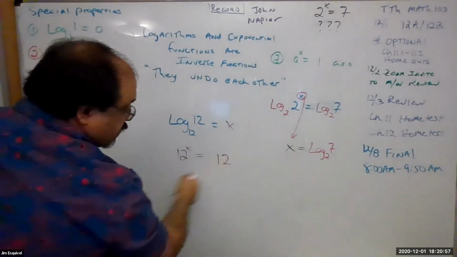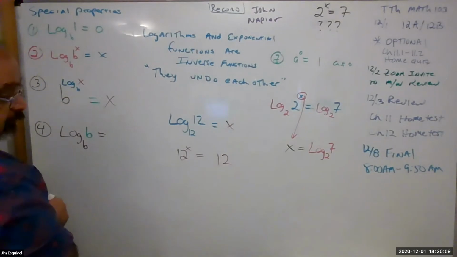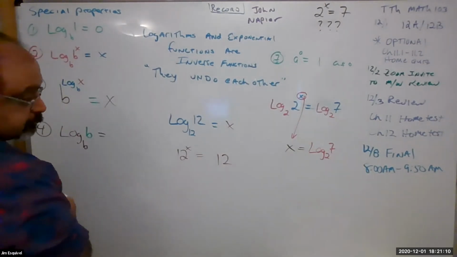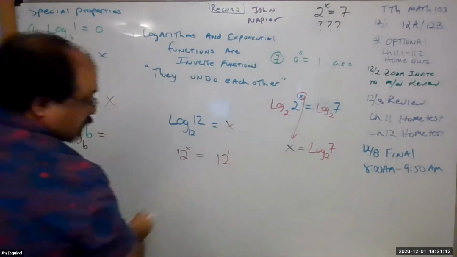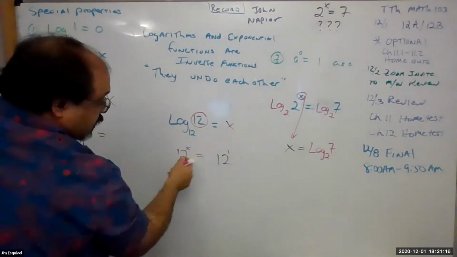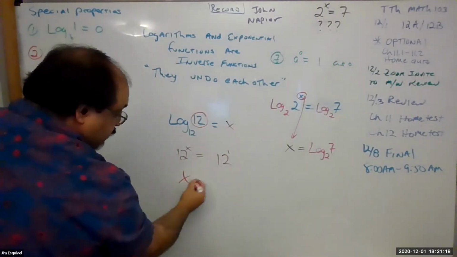What's this exponent on the right? This would be 12 to the what, if it's just a 12? To the 1. So 12 to what power is the 12 on the inside? 12 to the x would have to equal 1.